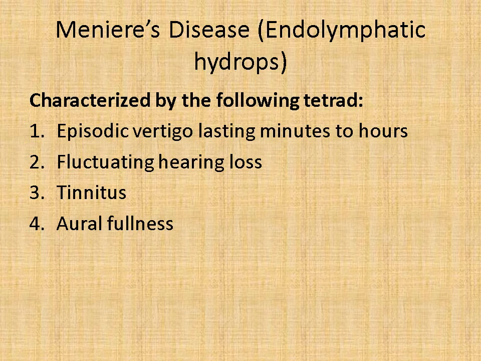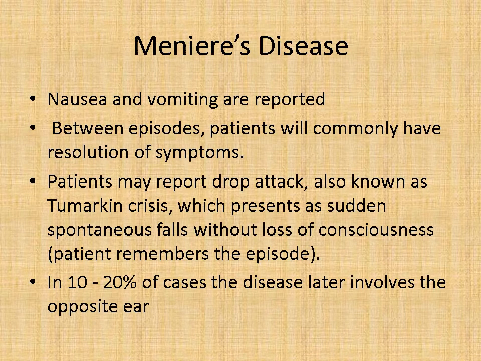It's a unilateral disease. In other words, it usually starts in one ear preceding the other ear. In addition to the previous four symptoms, the patient might complain of nausea and vomiting during the attacks.